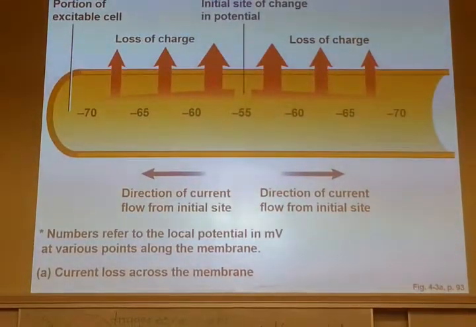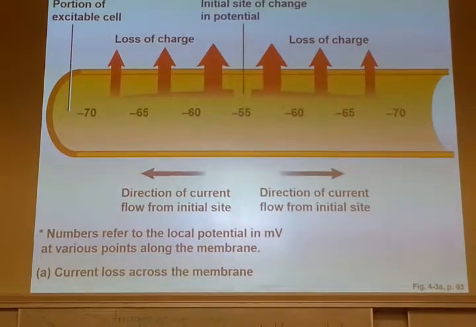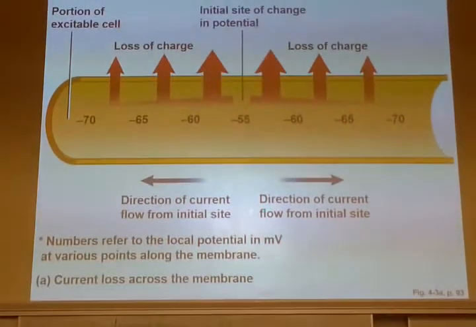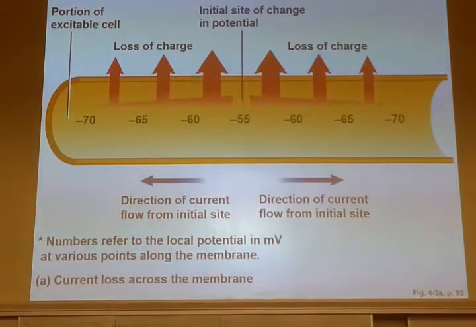The spread of the charges, where you only have ligand-gated channels, will have no effect on them opening. You have to have a ligand bind outside in order to open the channel. You can't turn a ligand-gated channel into a voltage-gated channel. They are separate operations. So, direction of current flow: the site where the charge came in was minus 70, but then it went to minus 55.